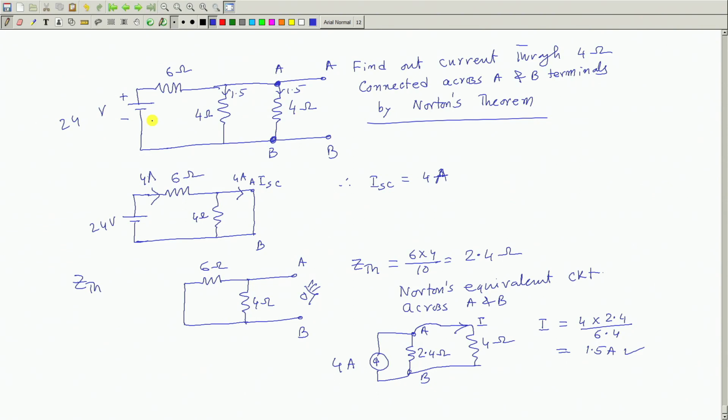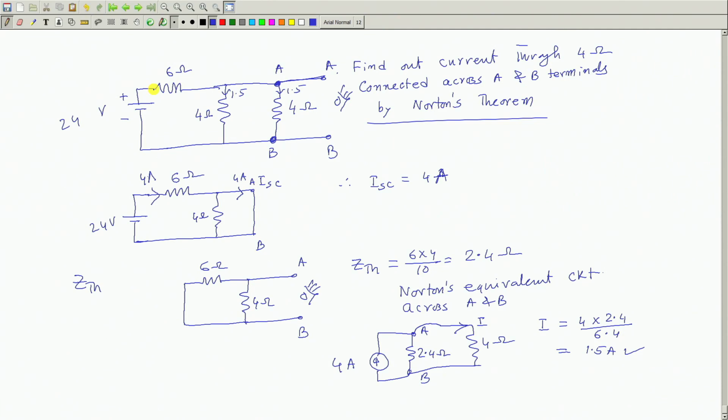I can ask you that from this network 2 terminals come out, here I will connect some impedance Z. Then what will be the Norton's equivalent network looking from this A B, then do not remove this 4 ohm, consider it to be internal to the network, then short it, get the short circuit current. And while finding out the Z Thevenins, find out the Z Thevenins retaining this 4 ohm as well. I think you have understood the point, what I mean to say.